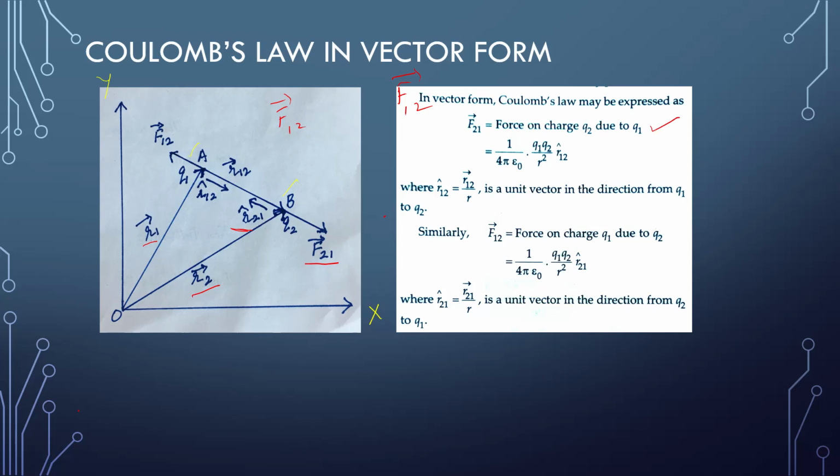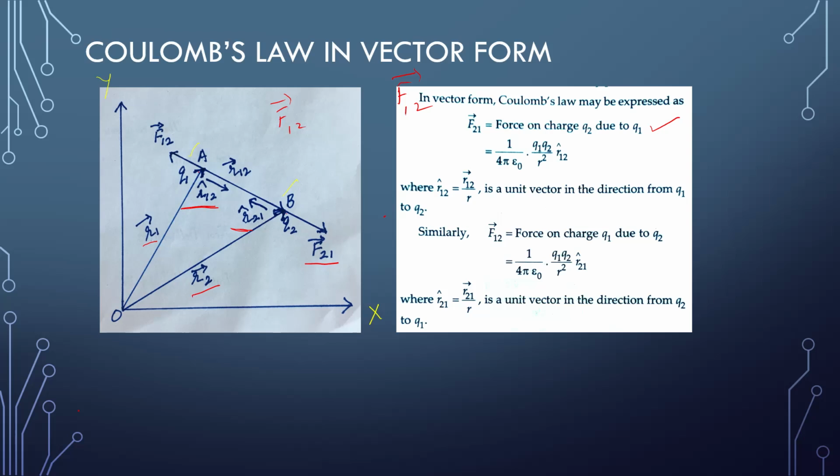So here in vector form, Coulomb's law may be expressed as F21 vector. This is the force on charge Q2 due to Q1, which can be written as 1 upon 4 pi epsilon naught, which is the value of k, Q1 Q2 upon r square into r12 cap. Why? Because we are talking about the force on Q2 due to the charge Q1, and therefore we will be talking about the unit vector directed from Q1 to Q2.